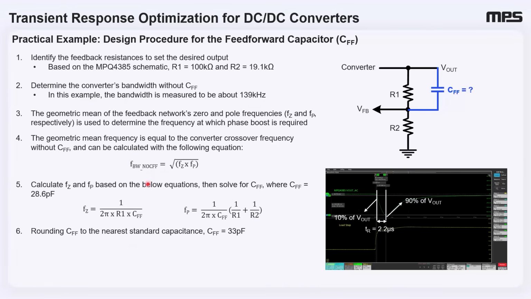So using the equations for zeros and poles that we discussed in the earlier slide and also plugging the value of our estimated bandwidth into this equation, we end up calculating CFF to be around 28.6 picofarad in this case. So rounding the CFF to the nearest standard capacitance value, we'll take a CFF of 33 picofarad in our example.